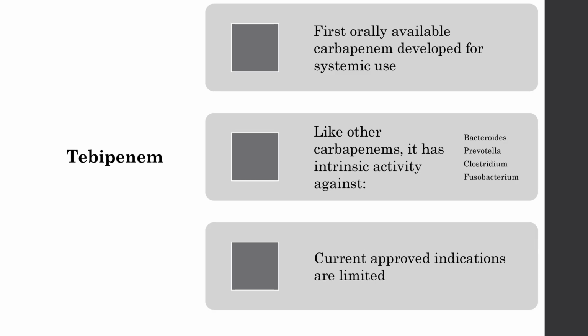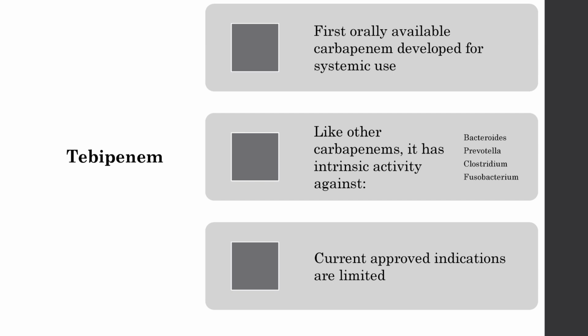Tebipenem is the first orally available carbapenem developed for systemic use. Like other carbapenems, it has intrinsic activity against Bacteroides, Prevotella, Clostridium, and Fusobacterium. Therefore, additional metronidazole is generally unnecessary.